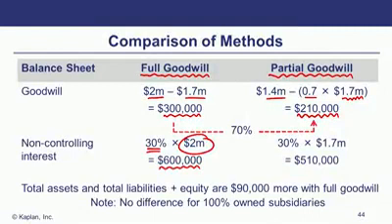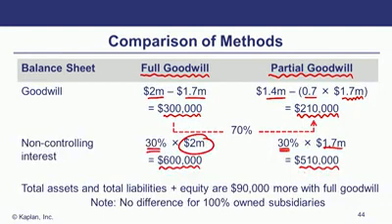Notice when we're doing partial goodwill, again we take the minority share, but this time we're not taking the fair market value of the subsidiary, we're taking the fair market value of the identifiable net assets, i.e. that 1.7 million figure. So 30% of 1.7 million, and you get 510,000.